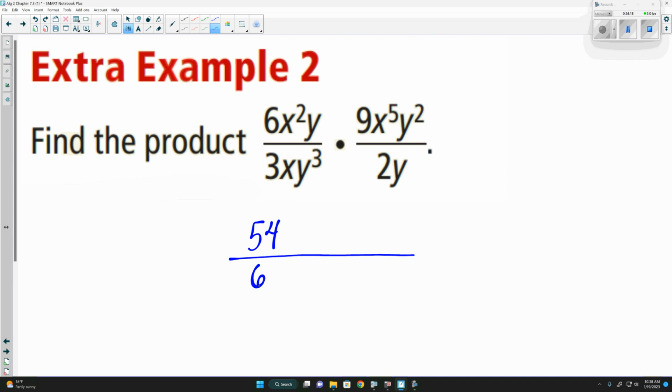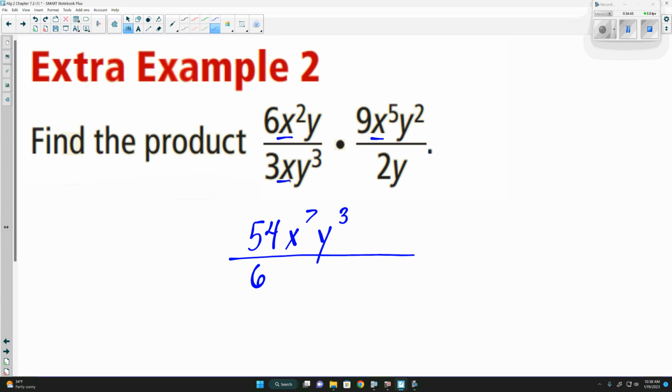The numerators, we can do the x's. So we have x squared times x to the fifth, which would be x to the 7. I have 2 of them in the first, 5 of them in the second. So how many do we have total? 7. Y times y squared is y to the third. The denominator, we have 1x in the first.